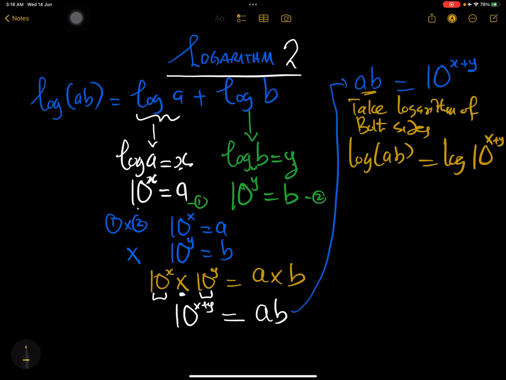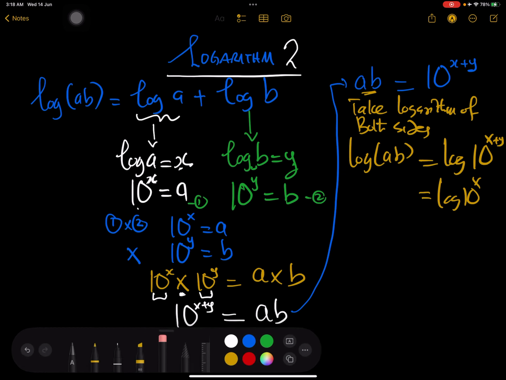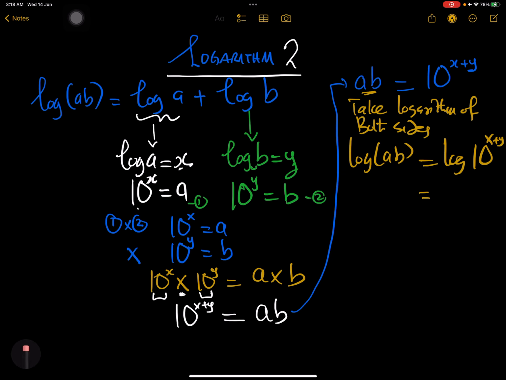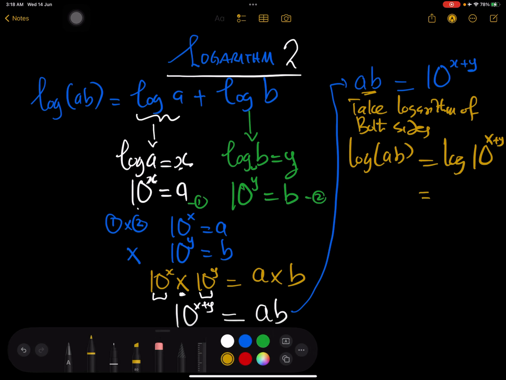So we're going to have log 10 to the power x plus y. No, we're going to drop, sorry, we're going to drop this thing at the back of it.